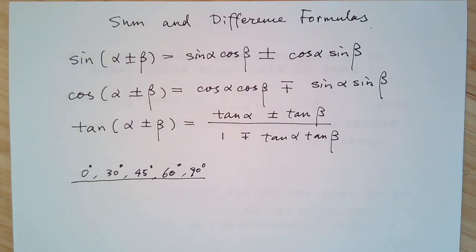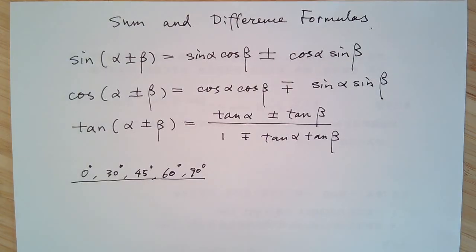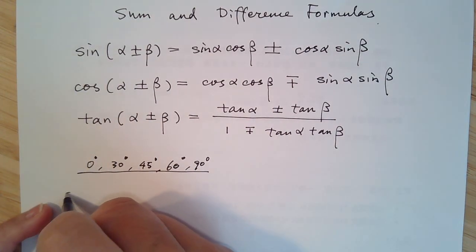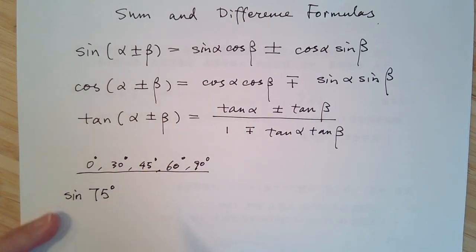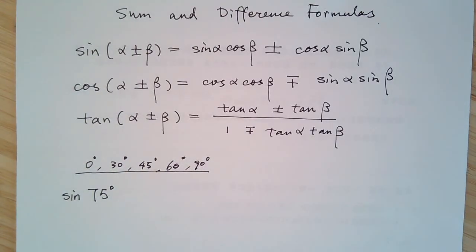You know the sine, cosine, and tangent values of all these angles. However, if I ask you, for example, can you find me the exact value of sine 75 degree? We don't know how to do that.